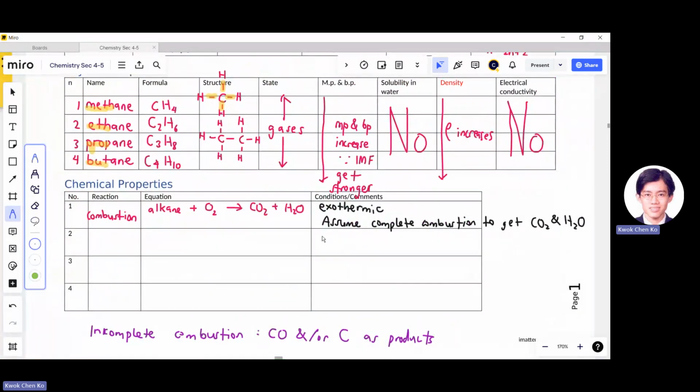Now, as you go down the series, it becomes harder to burn. Let me use the term combustibility.